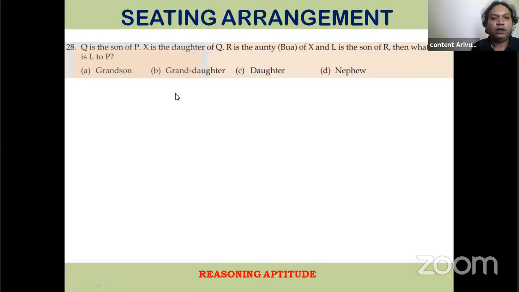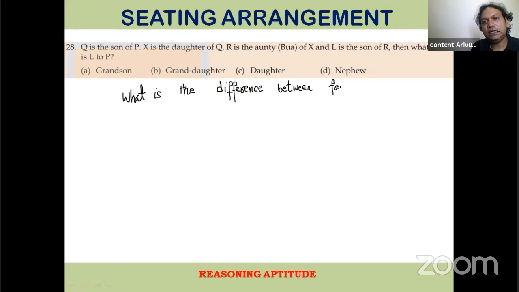Okay. Now, regarding false statements, what is the difference between false and uncertain? If one person has a doubt, let's see if anyone else also has the same doubt or not.